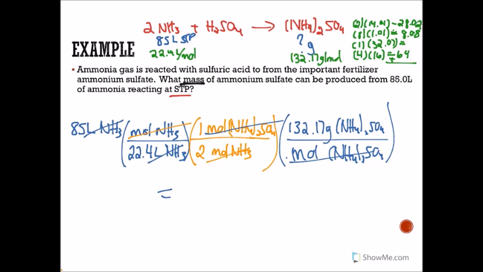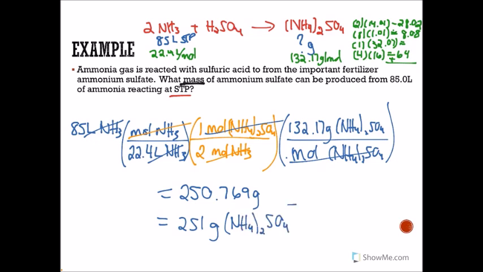So 85 times 132.17 divided by 22.4 divided by 2, we have 250.769 grams, or 251 grams of ammonium sulfate. The proper significant figures and units.